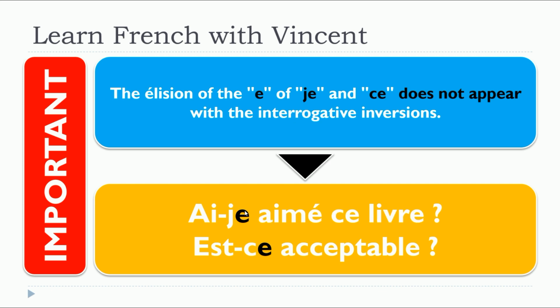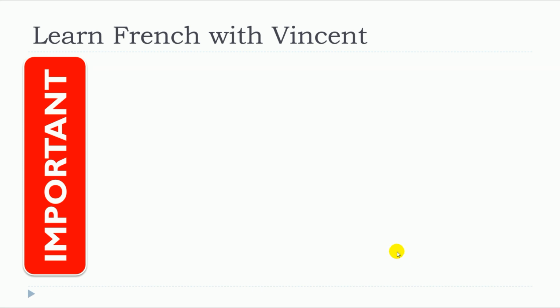We keep the e here because we have the interrogative inversion. Est-ce acceptable? Same concept here. You keep it because you have the inversion and you must keep your e. Ai-je aimé ce livre? Est-ce acceptable?